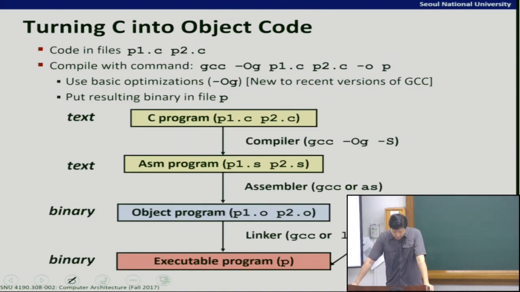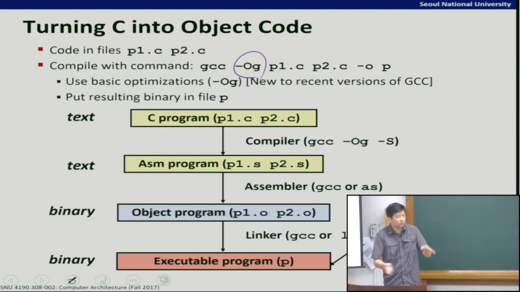So if you want to compile your code into a binary executable, let's say you have 2 source files, p1.c and p2.c. Then you compile with a command like gcc -Og p1.c p2.c -o p. So what does it mean? This one is an optional optimization flag, the optimization level.